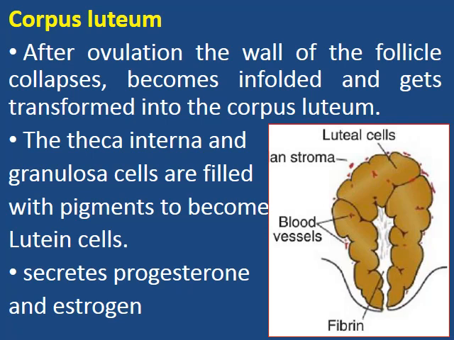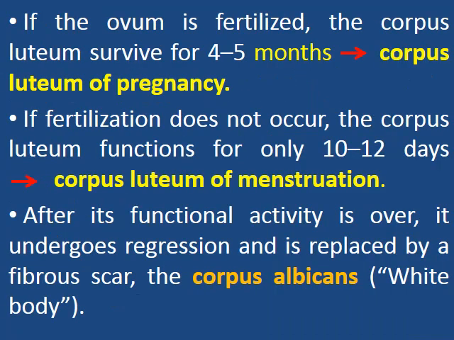Corpus luteum. After ovulation, the wall of the follicle collapses, becomes infolded and gets transformed into the corpus luteum. The theca interna and granulosa cells are filled with pigments to become lutein cells, and this corpus luteum secretes progesterone and estrogen. Now the fate of corpus luteum depends on fertilization of the ovum.